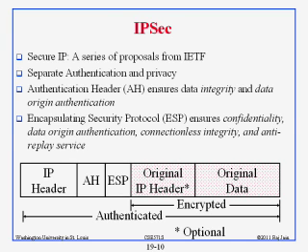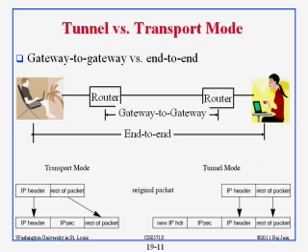So that makes for two modes, tunnel or transport. And the difference between the two modes is whether the original header is there or not inside. Okay, so let's see that.